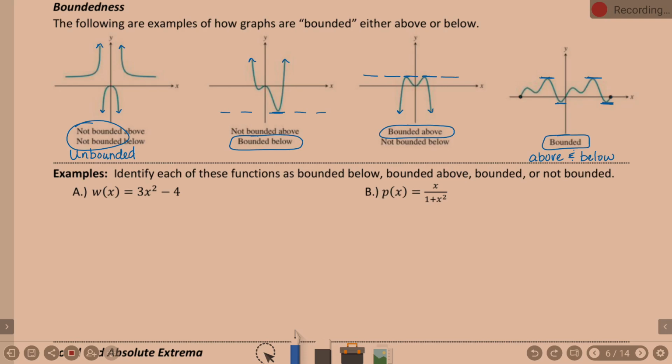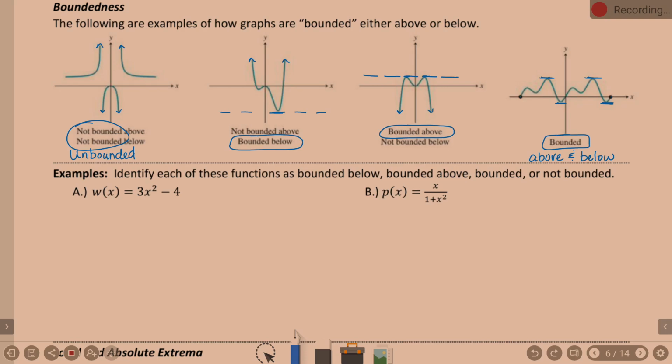Okay, identify each of these functions as bounded below, bounded above, bounded or not bounded. What does this mean we have to do? Officially graph them. Now that first one, I'll be honest, I could do without graphing. What is that first one? It's a parabola, yes?